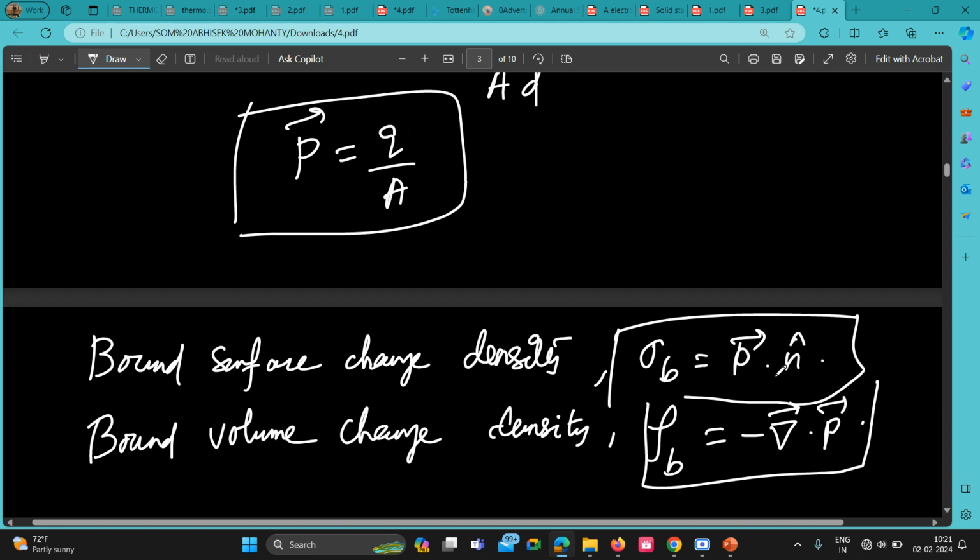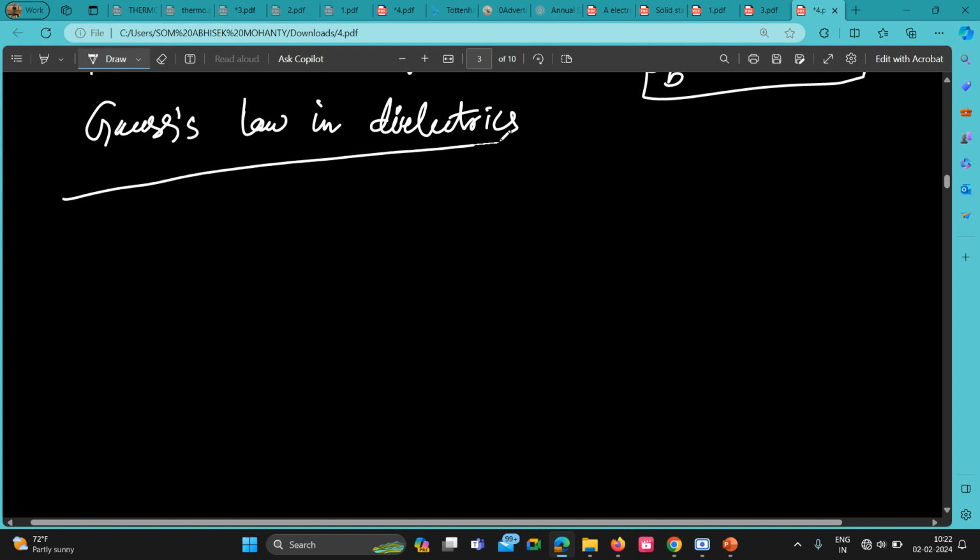Now Gauss law in dielectrics. D is equal to epsilon naught E plus P. Del dot D is equal to rho f; this is called the differential form.